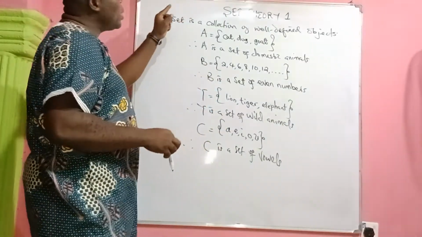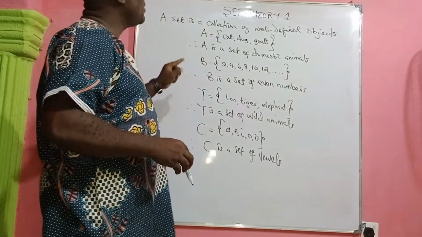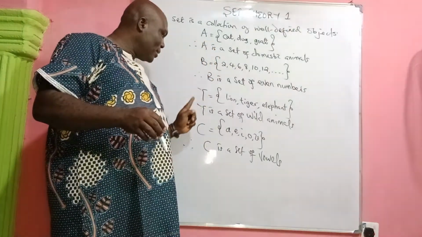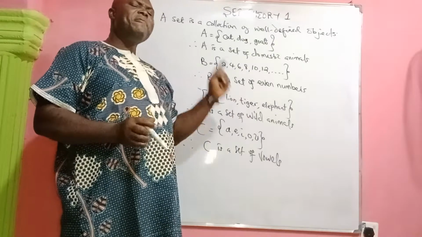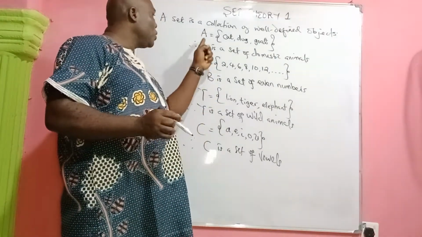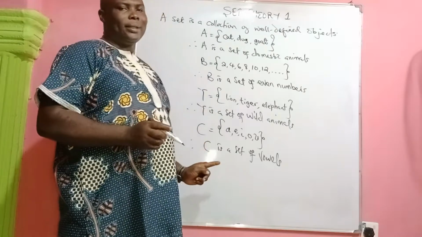Now, understand something here. If you look at all the examples I've also given, you realize that where I say A is a set, B is a set, Y is a set, C is a set, every set is usually denoted with a capital letter. That's why I use capital letters to denote the sets.